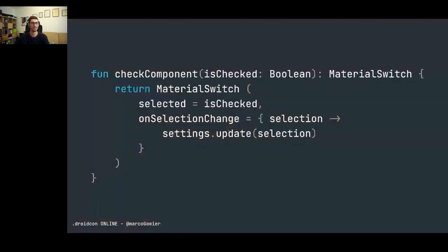So here we have it. This is the code to handle the switch, and don't try this at home because this is a mix of Flutter and Compose, and it's a totally made up example that of course doesn't work, but it is only helpful for the explanation here.